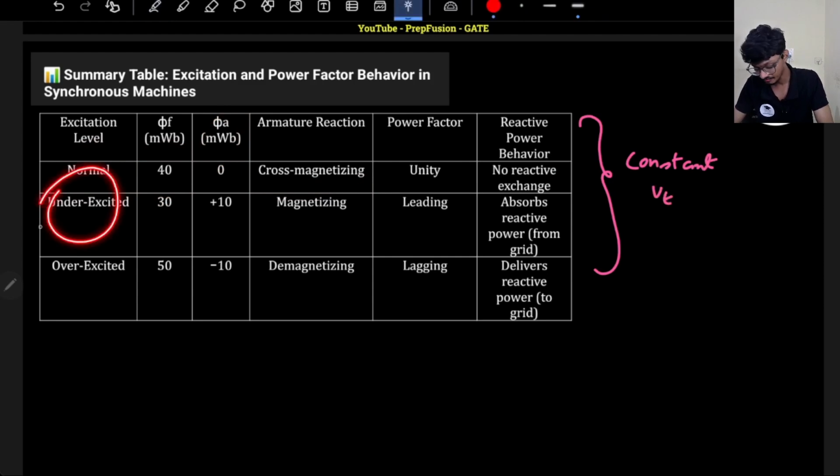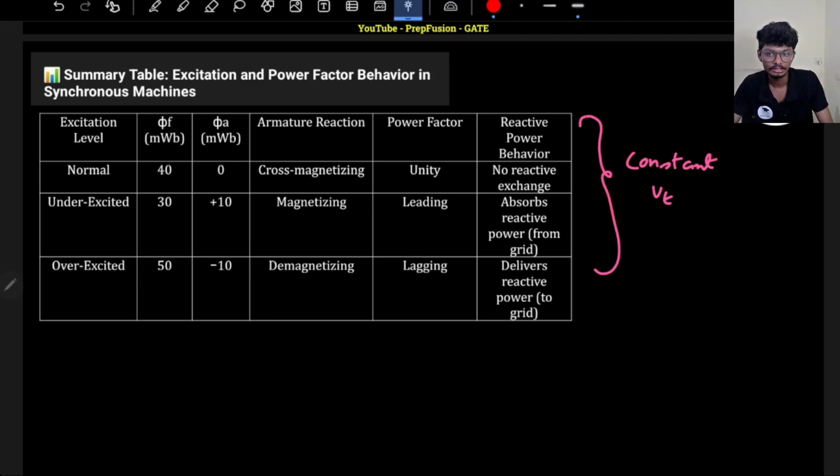If the load is leading, then I don't need to excite it that high. Under excitation will work, that's why the name under excited. For a lagging load, I have to over excite and produce more flux, then only will I be able to get a constant Vt.